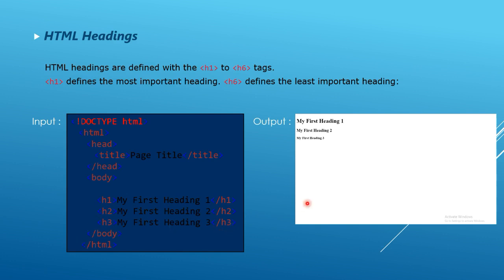You don't need to download HTML. If you have a code editor, you can do anything with HTML. In this video I will do the practical, like how H1, H2, H3 work. Okay.